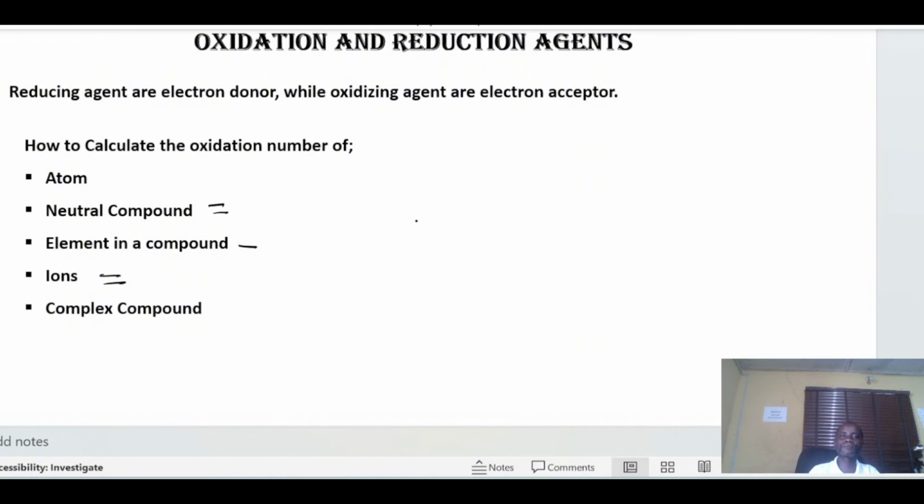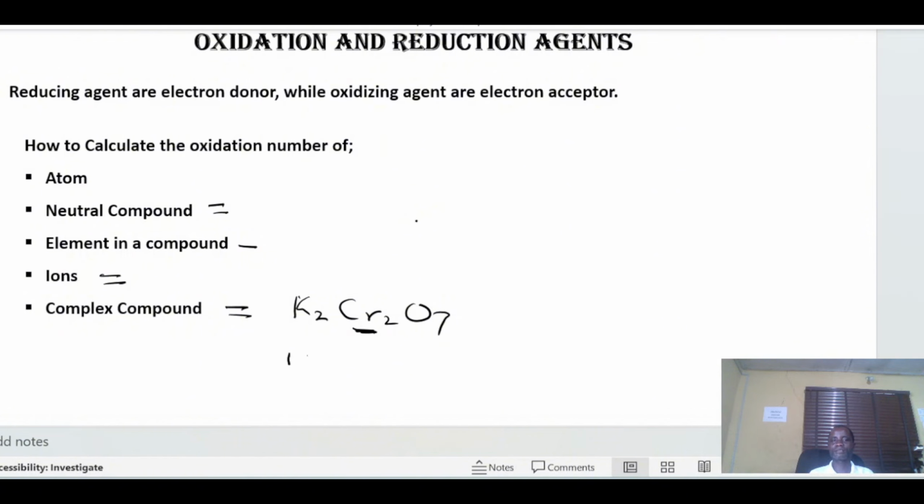Now let's look at the complex compounds, such as K2Cr2O7. Then you want to calculate the oxidation number of chromium here. Remember potassium is 1.